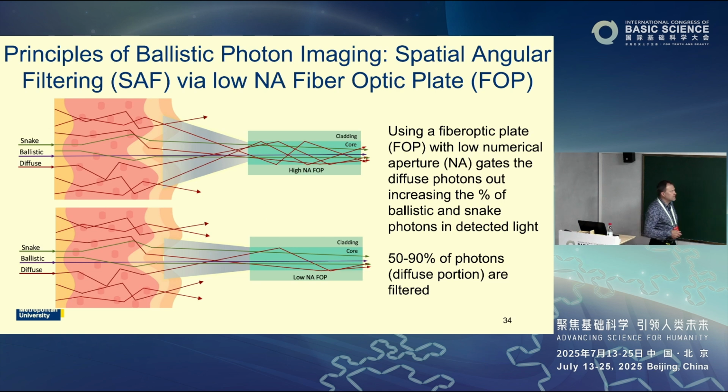So the idea behind this ballistic photon imaging that we developed is that once we restrict the numerical aperture, we restrict the angle of the scattering, and we move from a generic photon collection to gated photon collection. Instead of collecting all photons, we collect only photons that would be less scattered, because the gating would be provided by the lower NA.